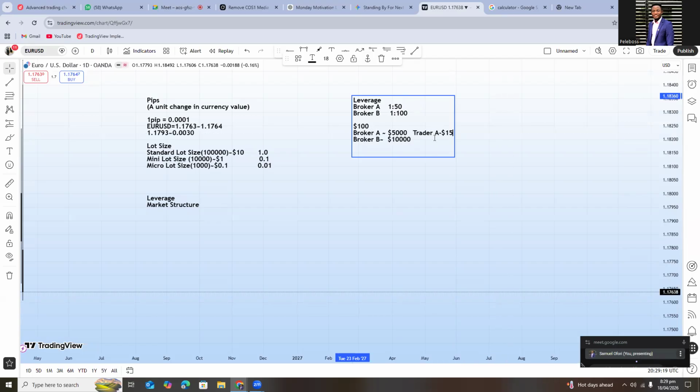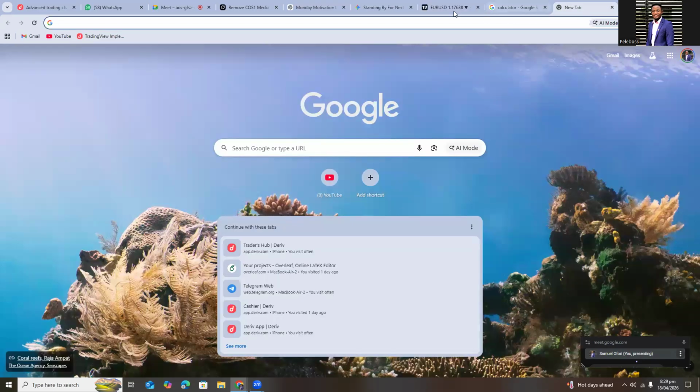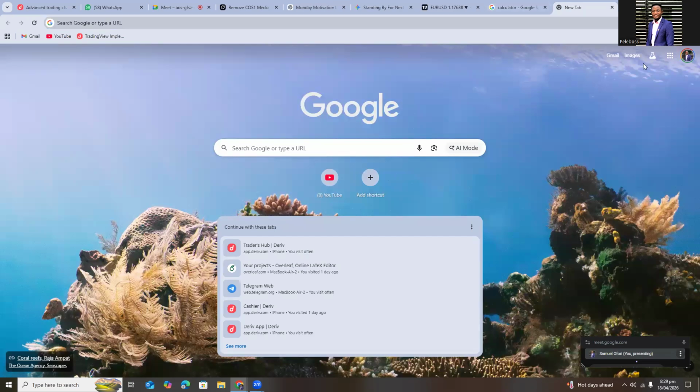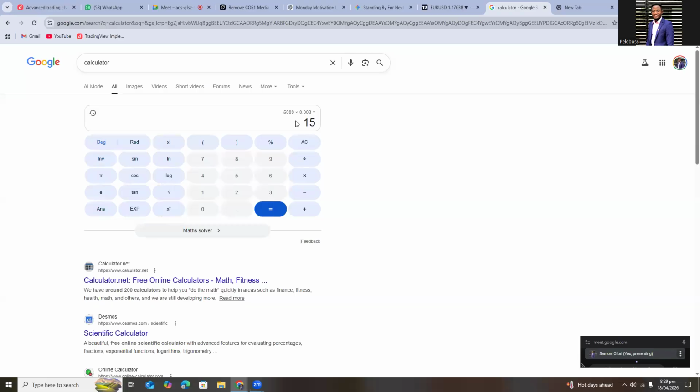Now, what about trader B? How much is trader B also going to make? So we have the calculator here. We have 10,000 by 0.003, and that's equal to $30.